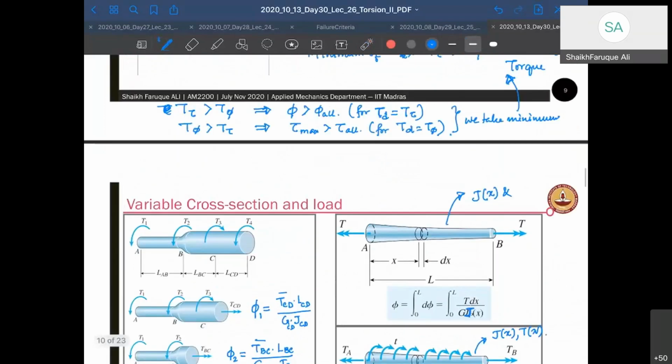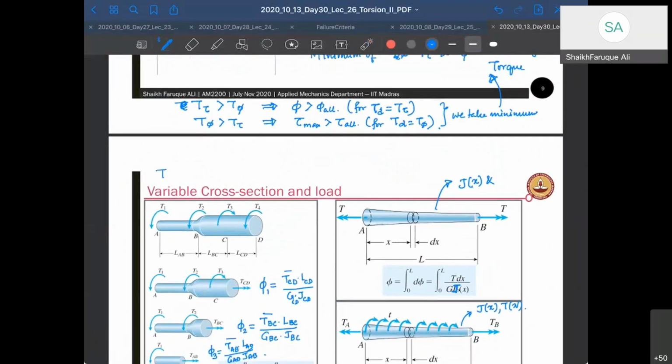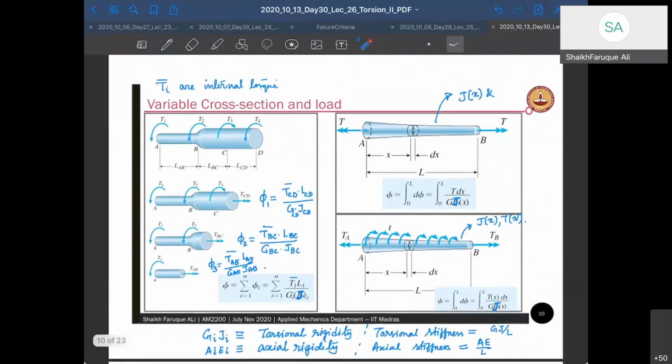Okay, so I'll write that here. Ti bar are internal torques. Now, as in axial members, we said that there is something called stiffness and something called flexibility, which we can find from the formula.